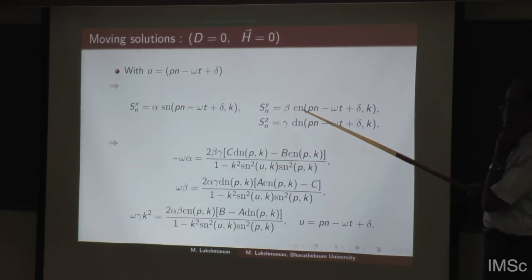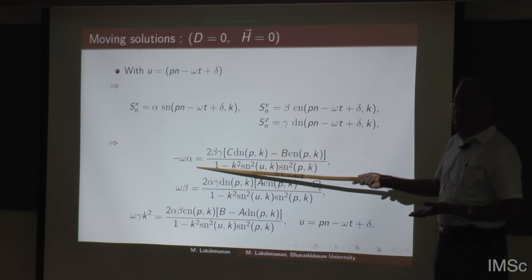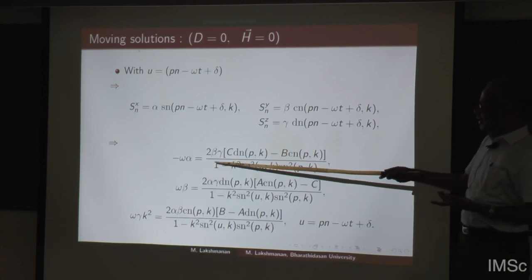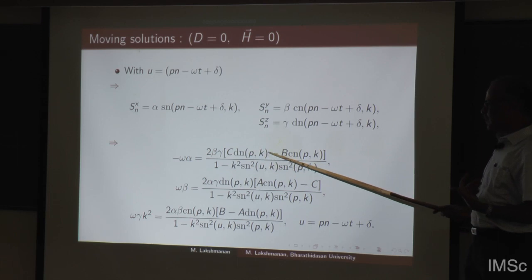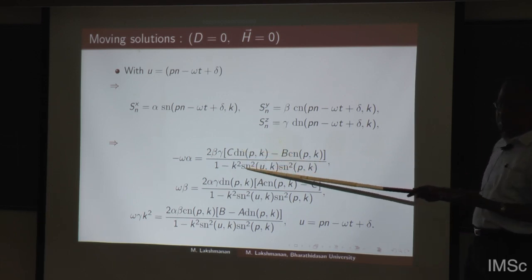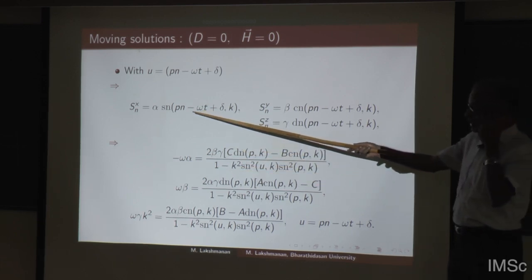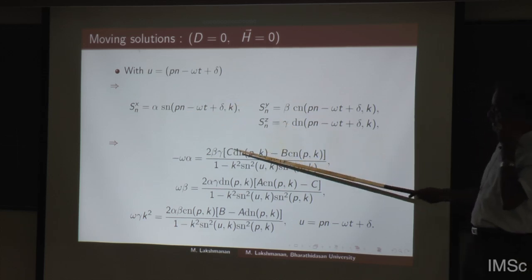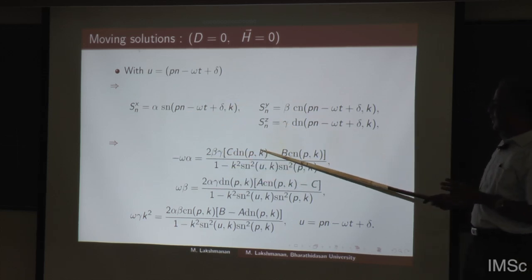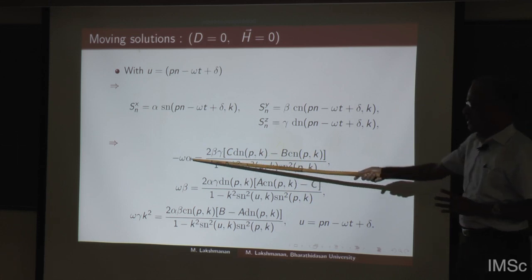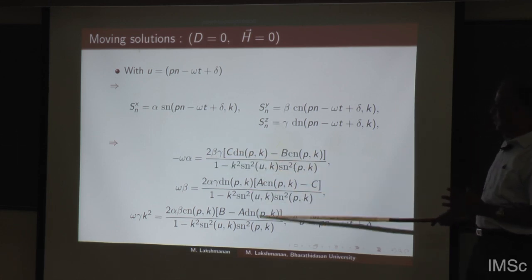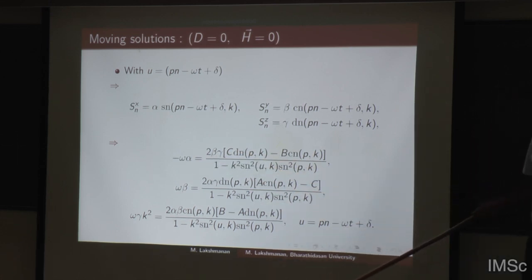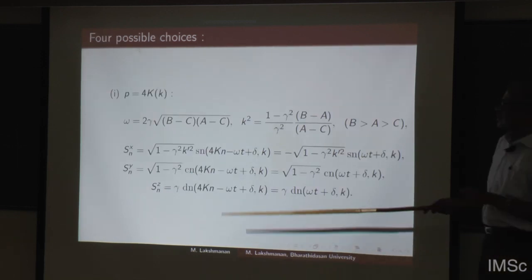Similarly, S_n^y is beta Cn and S_n^z is Dn. Then substitute into the evolution equation and equate the coefficients on both sides using the properties of the elliptic functions, because you can take the derivatives of these elliptic functions on both sides, and you find that there are constants on both sides and equate them.